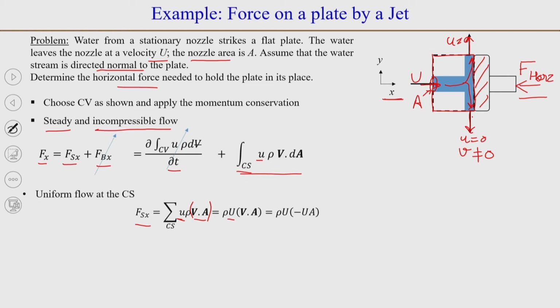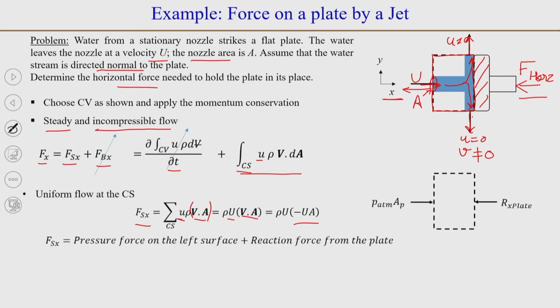We need to find V dot A, and the area vector at this point will be pointing outward. So, we will have U into the jet area, that will be minus U A. So, V dot A becomes minus U A. So, F_sx is equal to minus rho U squared A, right.